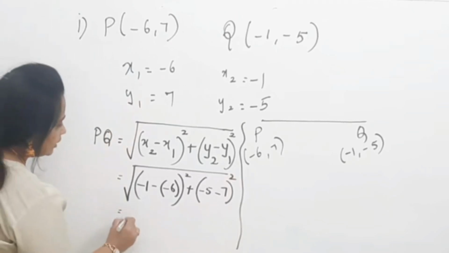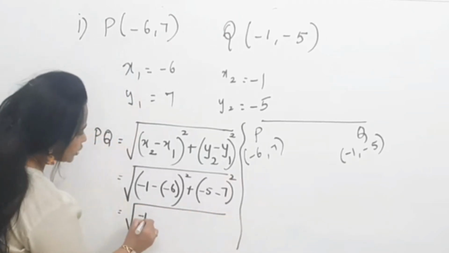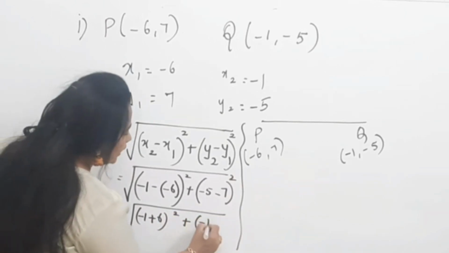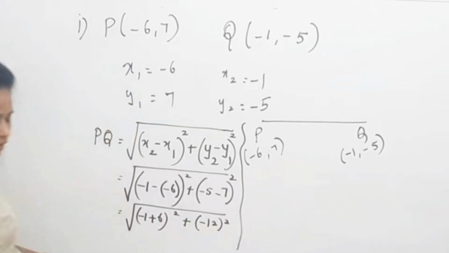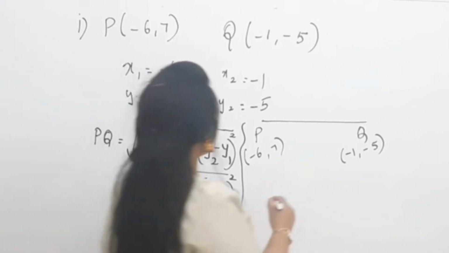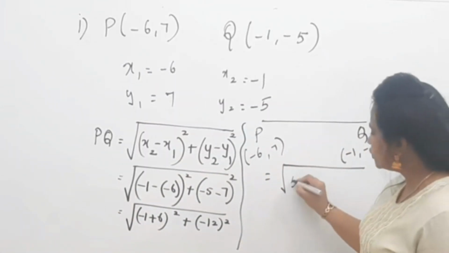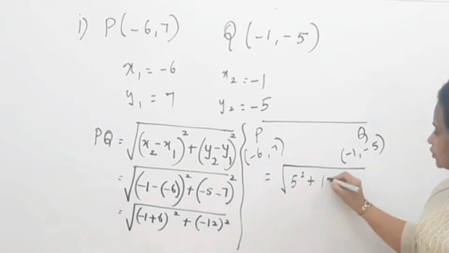This gives square root of (-1 + 6) the whole square plus (-12) the whole square. So I would get square root of 5 square plus 12 square.